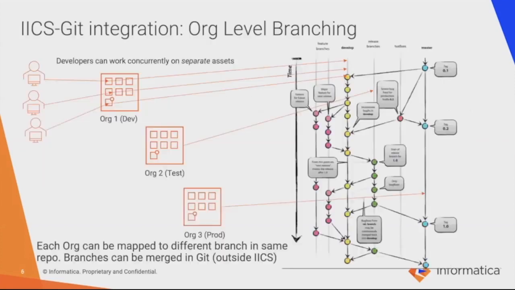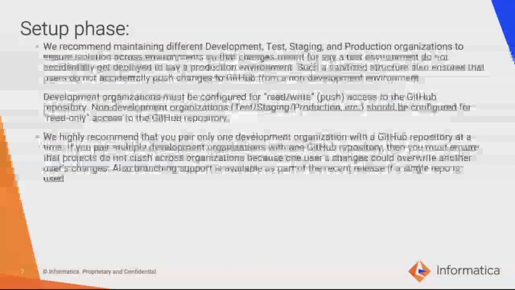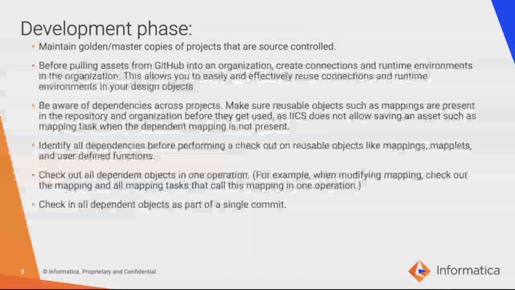Let's move on to the development phase. So now, how would your typical day look when you're using version control in IICS, right? I think all of you would be familiar with the project folder structures in IICS. So you could typically create golden copies of your repositories, which would mimic the same structure in your Git repository, for example, and then have your developers maintain their own projects if need be.